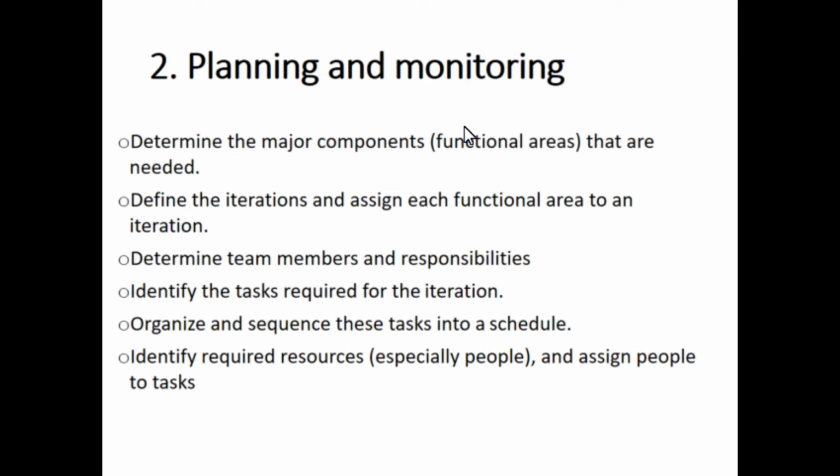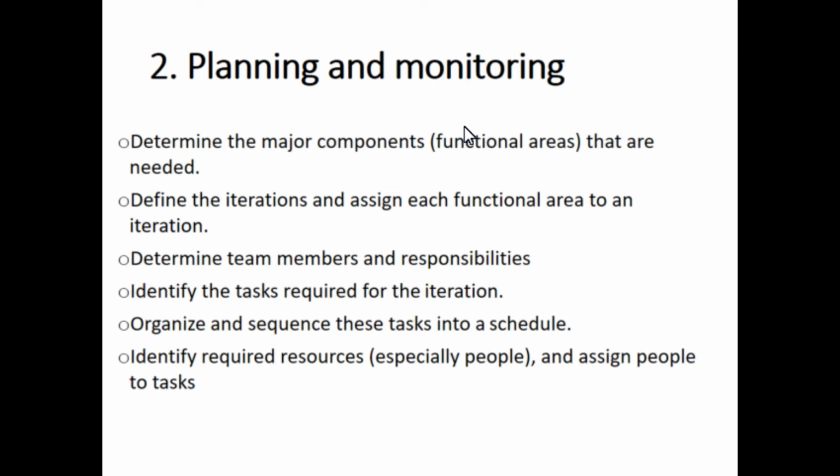Functional areas means identifying key activities that have to be performed during the SDLC. For example, you might say in the analysis phase, we will gather requirements. Under gathering requirements, we will conduct an interview, and then we will define requirements and prioritize requirements, and then these functional areas are assigned, as you can see in the second, to each iteration.